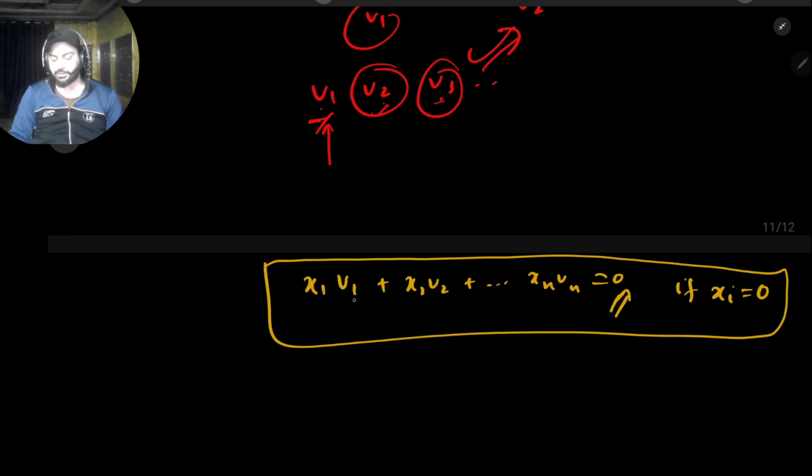So we had n vectors v1 to vn. If all these coefficients are 0, then only can this equation be 0. Otherwise this equation will not be equal to 0. So this is the concept of linear independence. To reiterate, if you have a bunch of vectors in which no vector can be represented by the combination of other vectors, that is called linear independence.